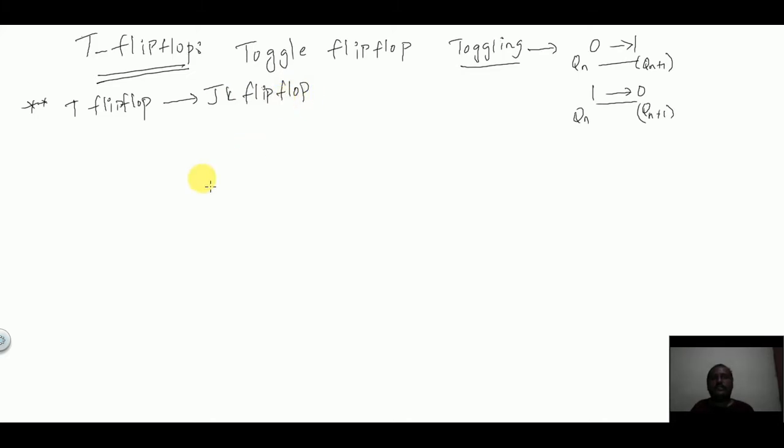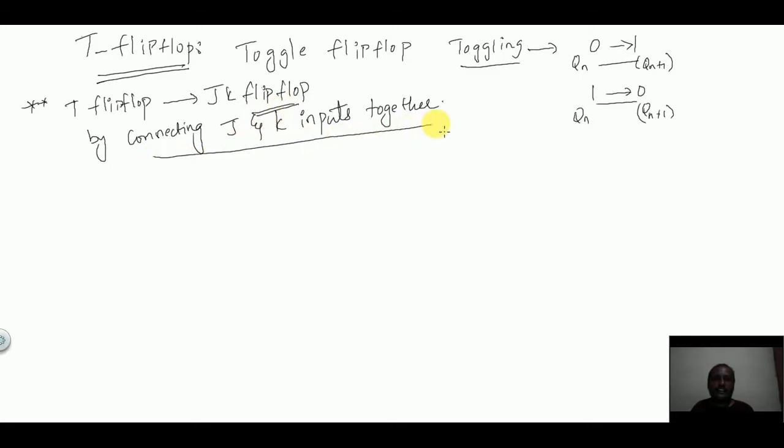T flip-flop is obtained from JK flip-flop by connecting J and K inputs together. That's all. If you remember this, then everything will become easy. So T flip-flop is derived from JK flip-flop by connecting J and K inputs together. If you remember this point, then it is easy.